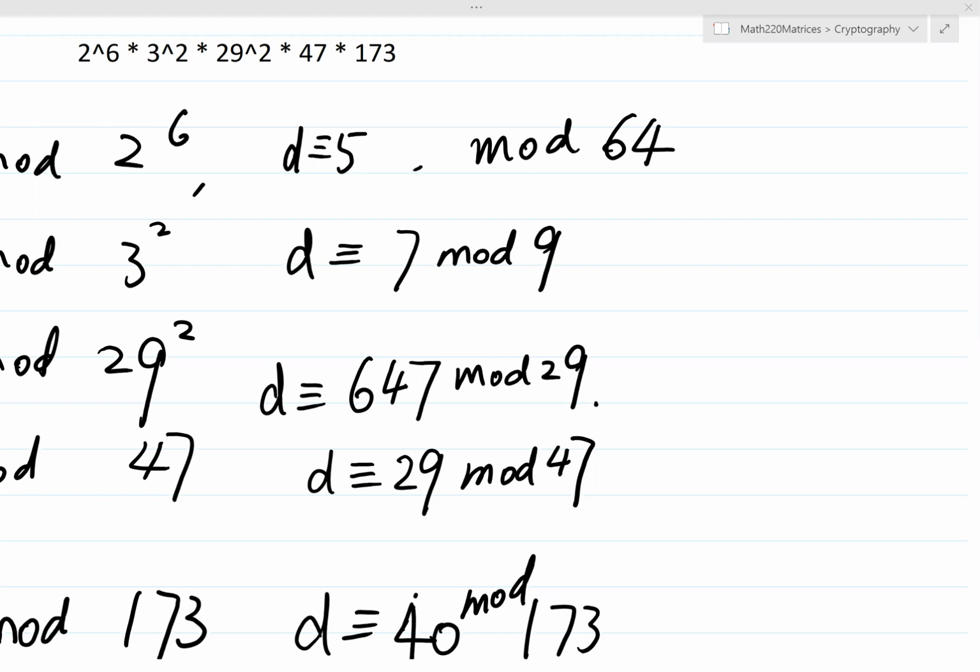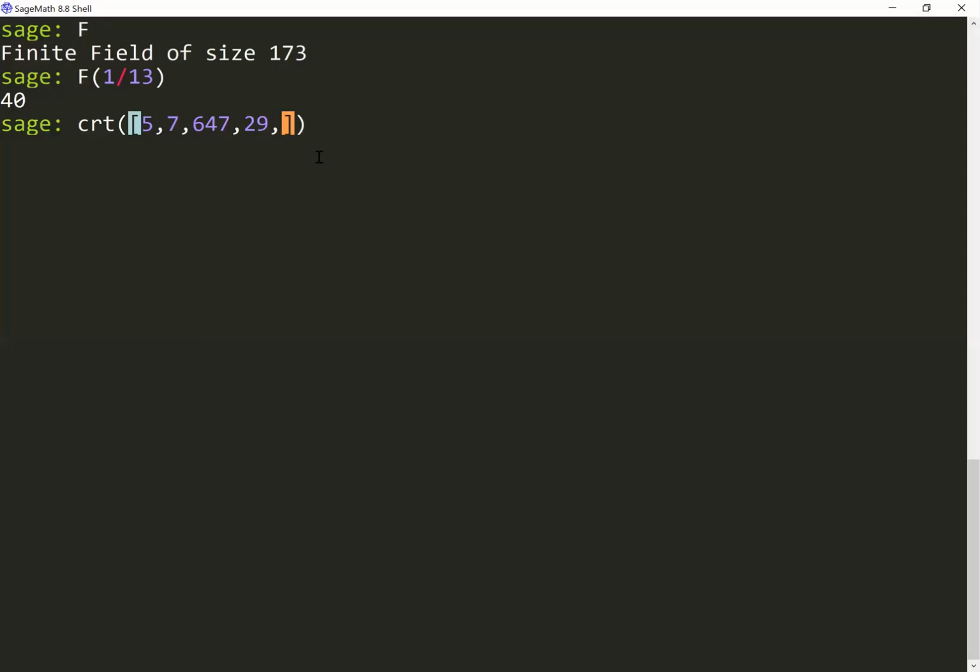Write down 57, 647, 29, 40. See the computer package. Then we have the other numbers: 64, 9, 29 squared, 47, 173.